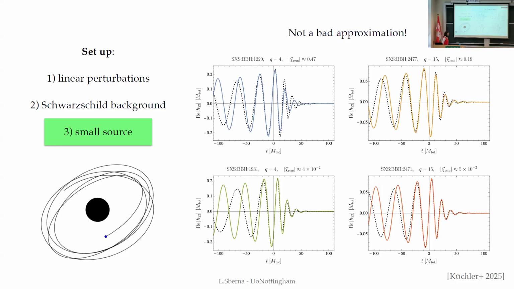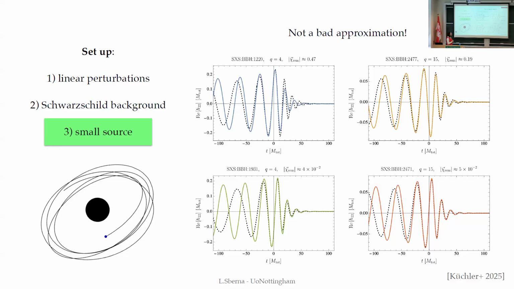And this might seem like a strong assumption, a bad approximation to the gravitational wave systems we currently detect, which are more comparable masses. But there's been a lot of work in the past 20 years in the small mass ratio expansion, as it is called.